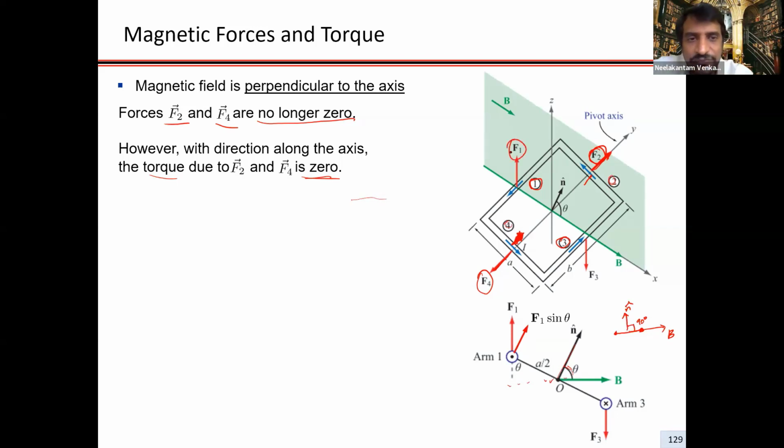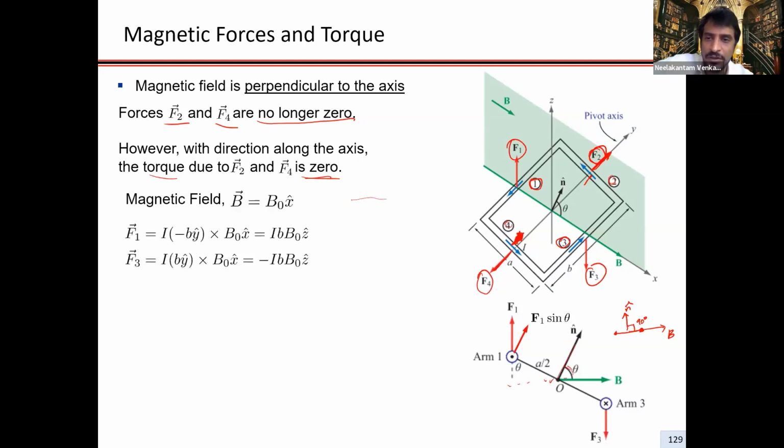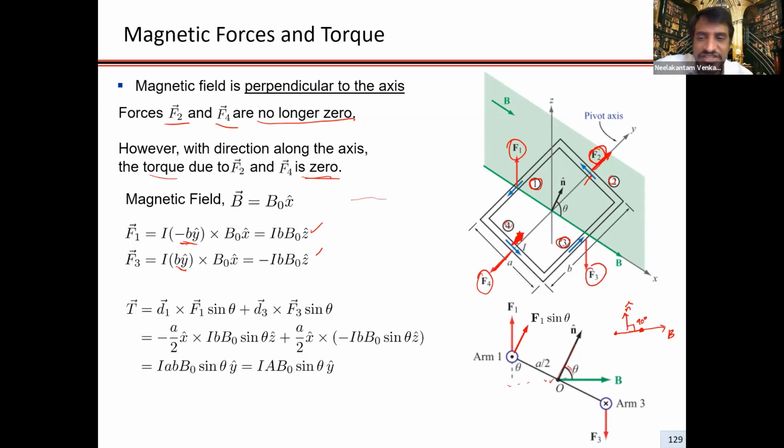So what matters again is only F1 and F3. How about my F1 and F3? Still the same as before. No change, because the direction of the current has not changed as far as sections 1 and 3 are concerned. In one case it's negative Y and in the other case it's positive Y. That hasn't changed. But what has changed is the torque because of that force. If I were to find the torque due to this force acting at this point, I need to do D1 cross F1.